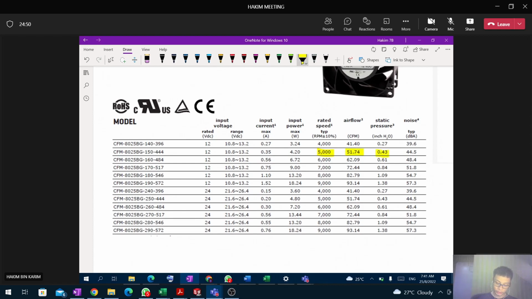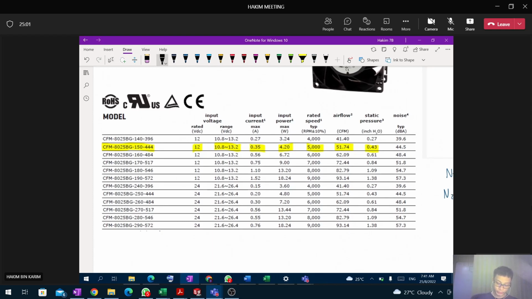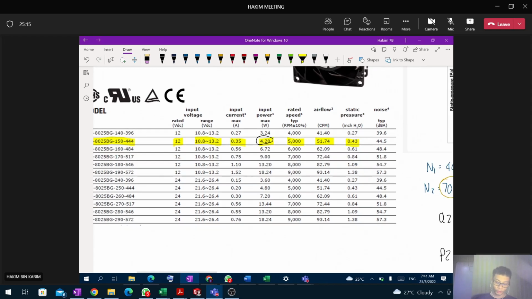This is our solution. As you can see, what's our input? The power consumption. The power consumption is only 4.2 watts compared to 13.2 watts if you use a much higher fan speed. This is also one important thing to consider about power consumption.